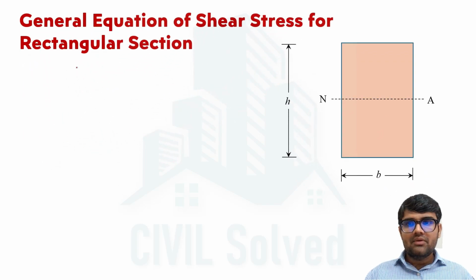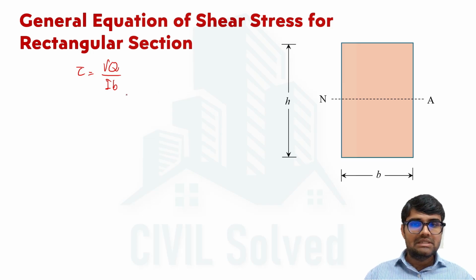If you remember from our previous video, the shear stress is calculated by the formula VQ over Ib. Now when we are talking about a particular section, the variables in this equation which need to be considered are Q, I and b, which are related to the section.